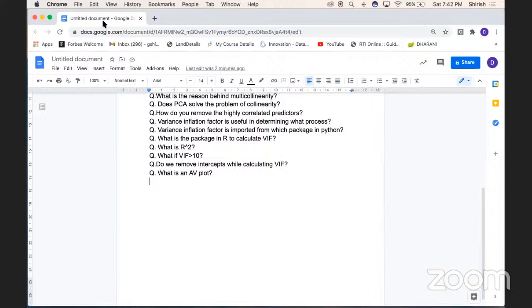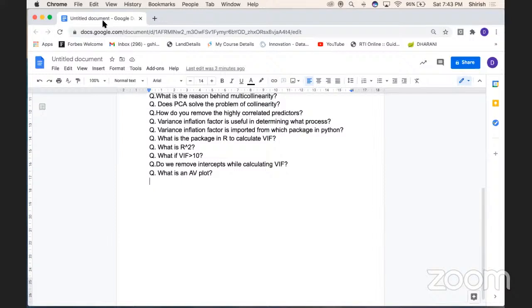Okay. So suppose you are going for the R square value, and you also have something called adjusted R square.